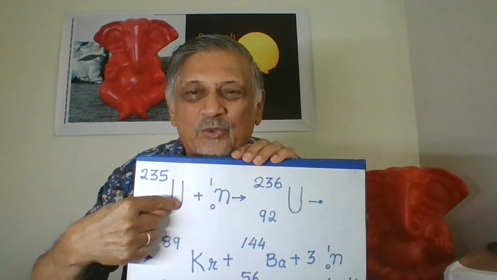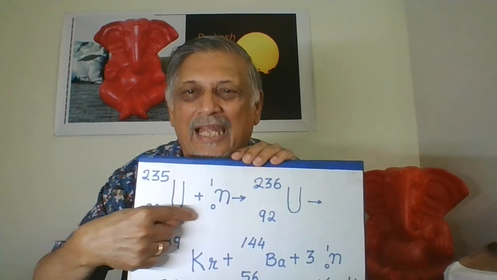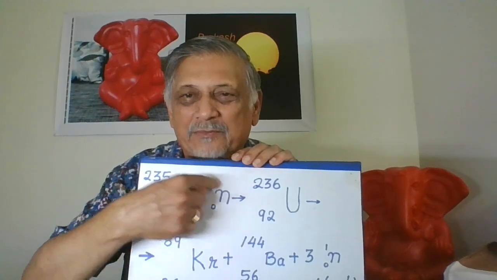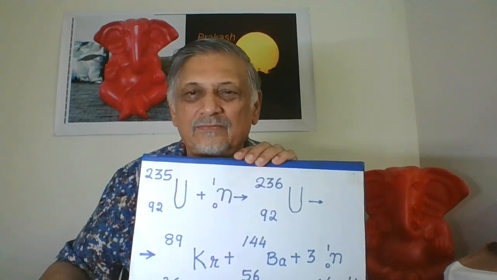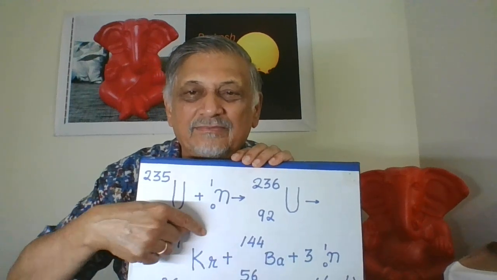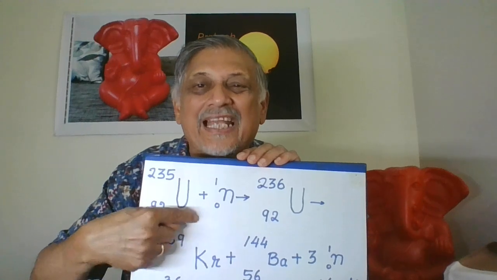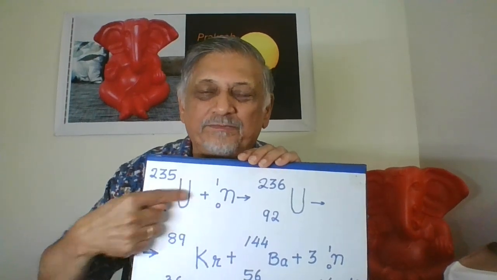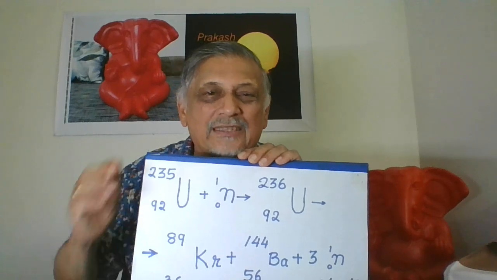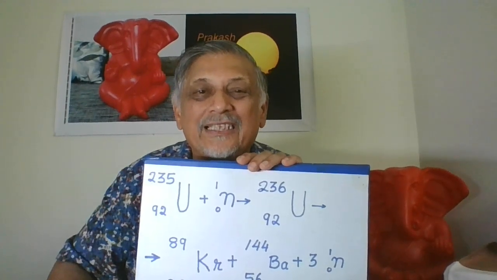If you take the combined mass of the uranium 235, which is only one atom, and only one neutron, and if you take the combined mass of all these products, this mass is slightly less than this total mass. This loss in mass is known as mass defect.